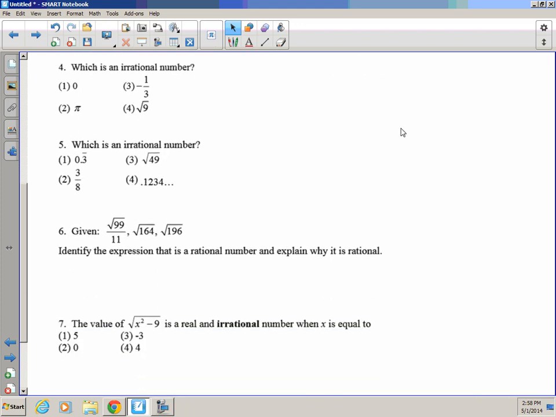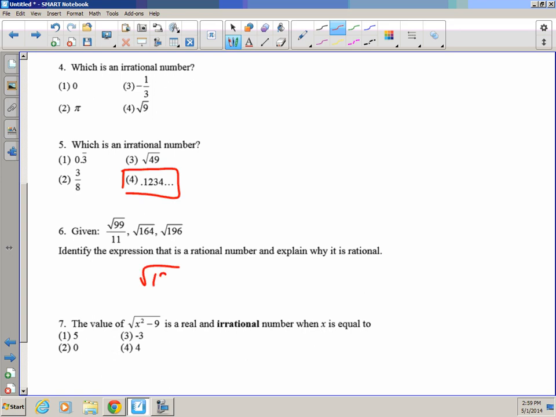All right? Which is an irrational number. 1, 2, 3, 4, dot, dot, dot. Similar to above.